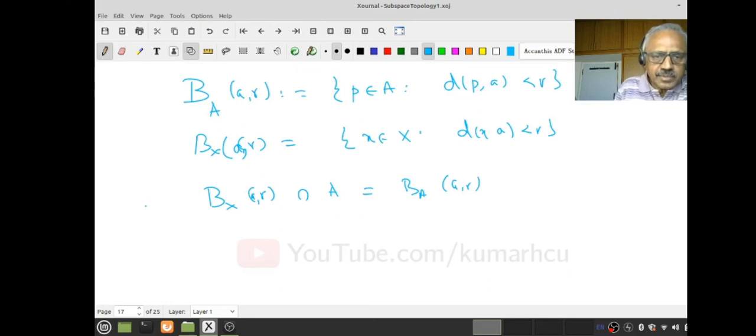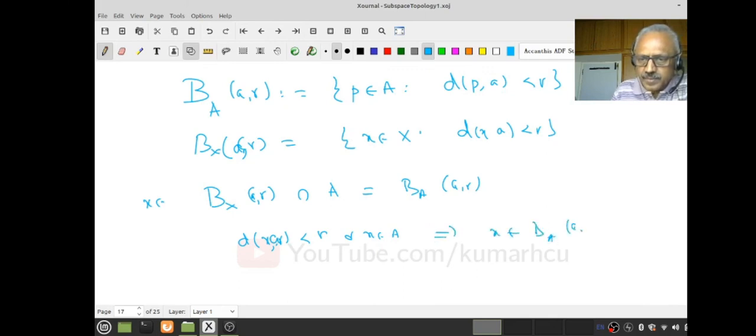Because suppose x belongs to this set, that means the distance between x and a is less than r, and x belongs to A. But remember that is the same as x belongs to A and the distance between x and a is less than r. This implies x belongs to B_A(a,r), right?